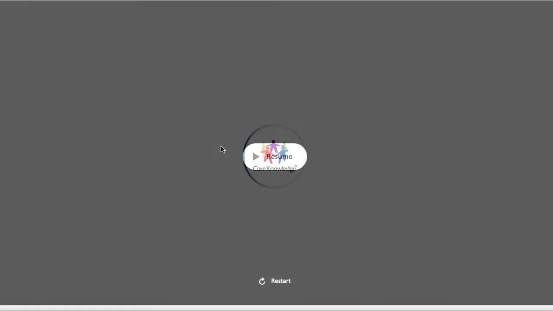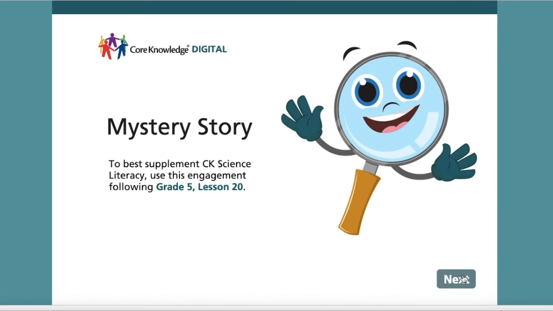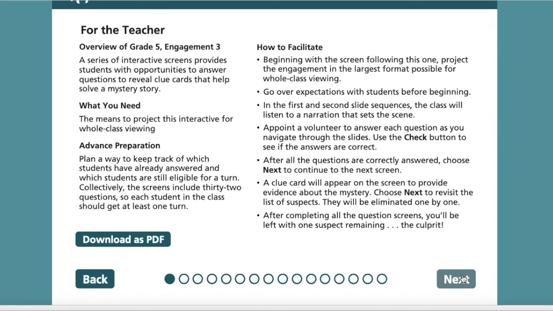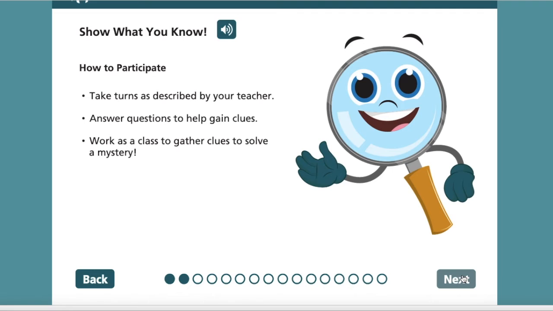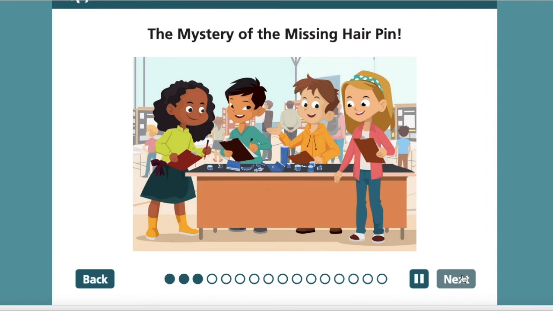The mystery story, I think, was fun as well. So again, it's a way to review the information they've been learning about. So this one is a mystery story, and it tells you the information there, how to participate. So you're given this story of kids setting up a science experiment for a science fair, and they're missing a piece.